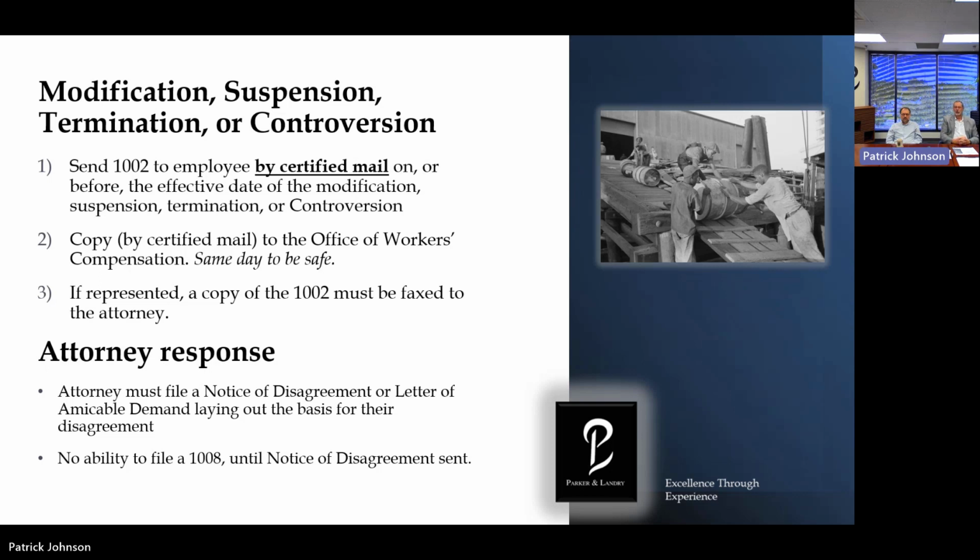It's something you really want to talk to your attorney about, as to whether or not you're going to incur that cost. You're absolutely entitled to do so. But then what happens? You file the exception of prematurity, the attorney just runs out, signs the notice of disagreement, and files the 1008. So it really doesn't accomplish much, except it gives you some protection if they are going to file the 1008.